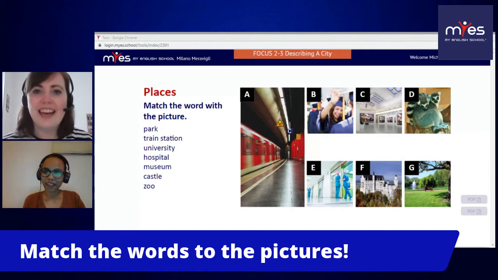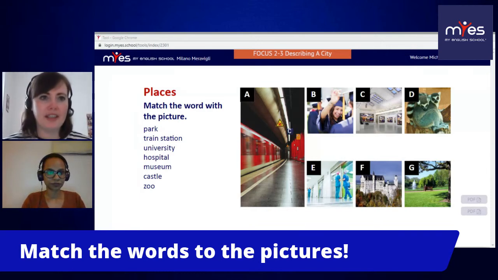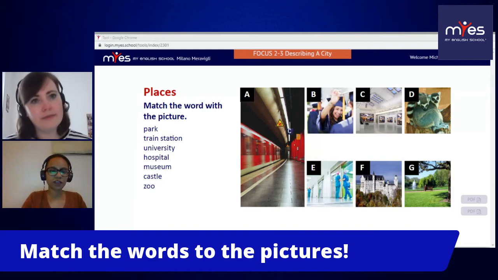Nice. Okay, so will we match these up? Maybe Emanuela is writing them in the comments, but we can start matching. So in the first picture, let's look at what we can see there.